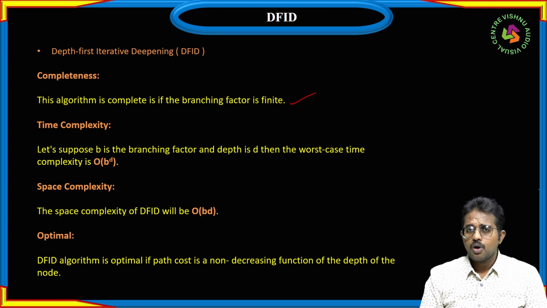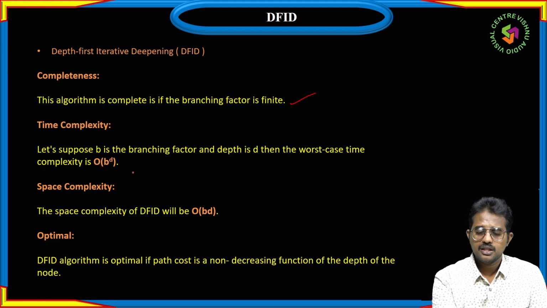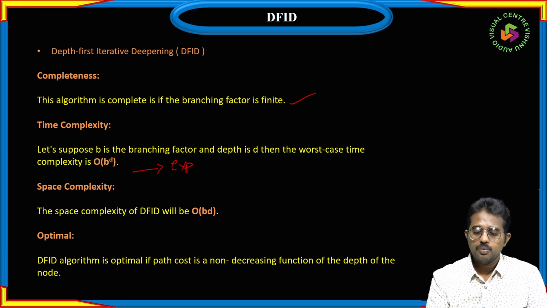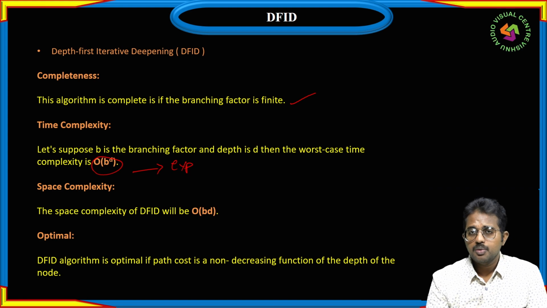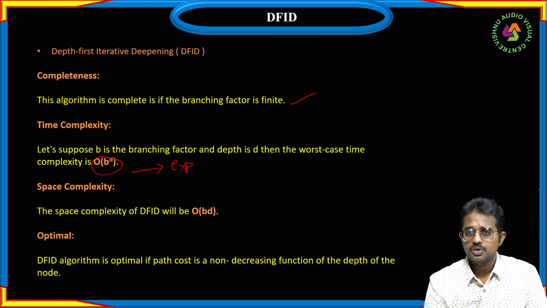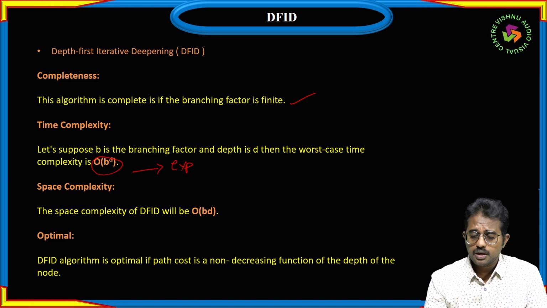Coming to time complexity, the time complexity is exponential like DFS. The worst time complexity is order of b power d, where b is the branching factor and d is the depth limit, the depth of that particular tree.